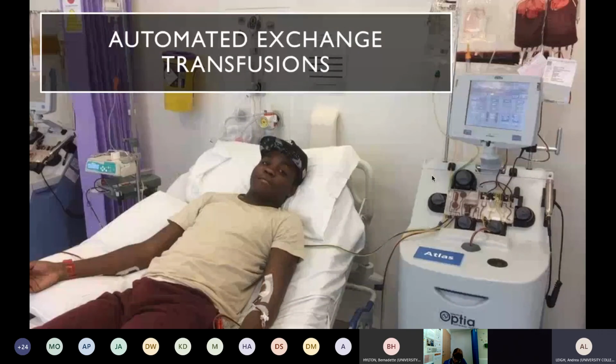For those that haven't seen an automated exchange transfusion, you can see it's got a line in here, a line in here. And one of the things about the automated exchange is that it uses a lot of blood. You have to have decent venous access. Obviously, you can't have a really low hemoglobin to begin with, so you might need topping up first.